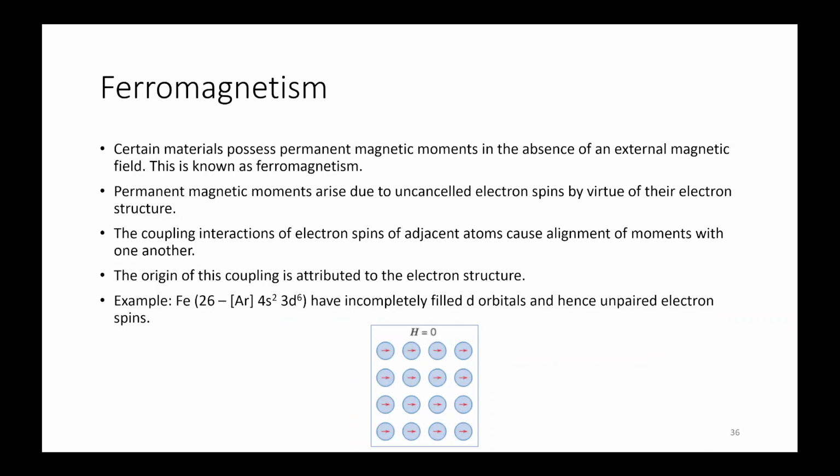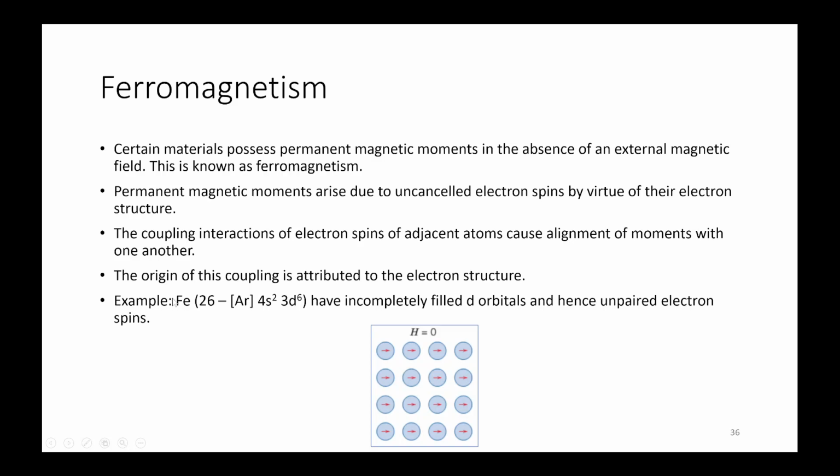Other materials are ferromagnetic materials. Certain materials possess permanent magnetic moments in the absence of an external magnetic field, and this is known as ferromagnetism. Permanent magnetic moments arise due to uncancelled electron spins by virtue of their electron structure. Coupling interactions of electron spins of adjacent atoms cause alignment of moments with one another, and the origin of this coupling is attributed to the electron structure.